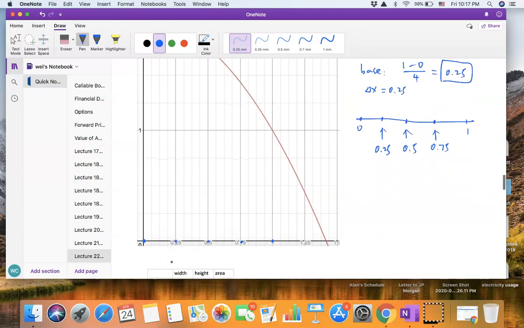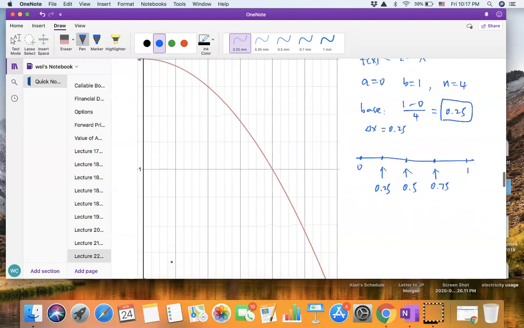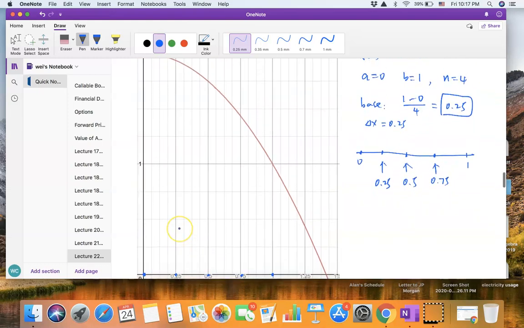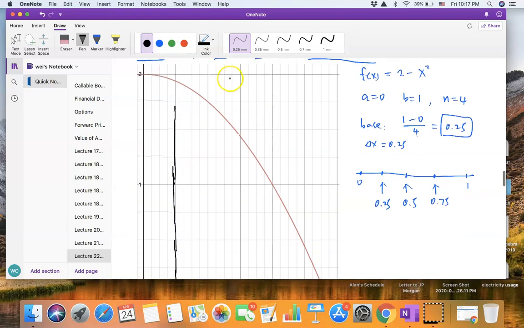So for the first rectangle, that's the function value at 0.25, which is here. So the first rectangle is going to be like this.